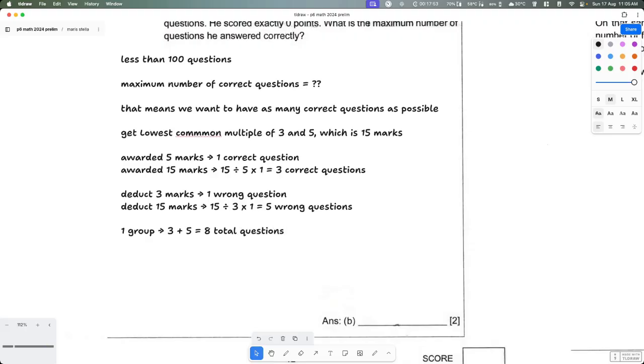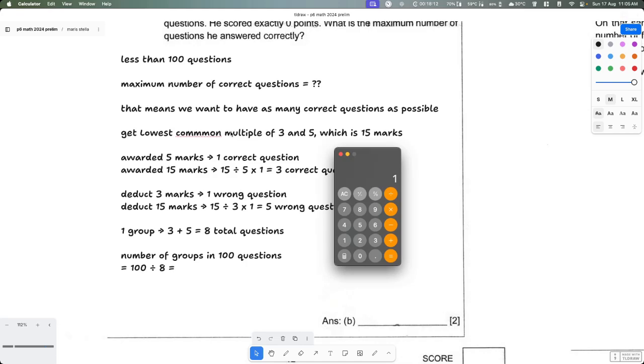Okay, so in these 100 questions, number of groups in 100 questions is equal to 100 divided by 8, which is equal to 12.5.